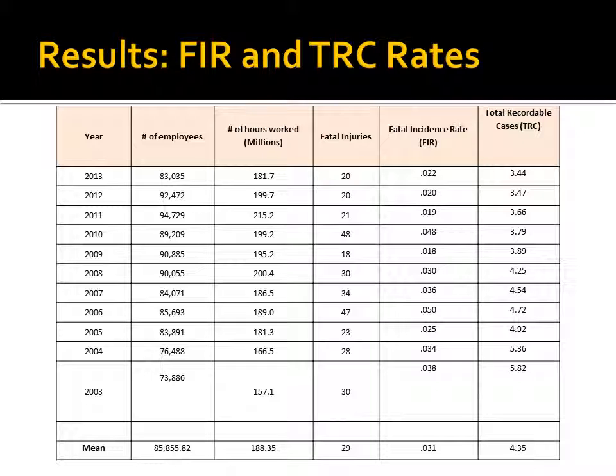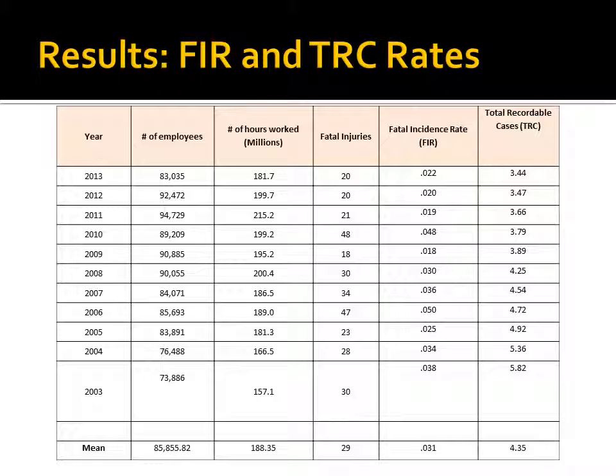So this table is something I put together to show the number of employees per year, the number of hours worked in millions per year, fatal injuries, and then from this data I was able to record my FIR and TRC rates. I also calculated the mean for each category. But one thing I really wanted to stress on this slide is the values for the FIR and TRC rate.